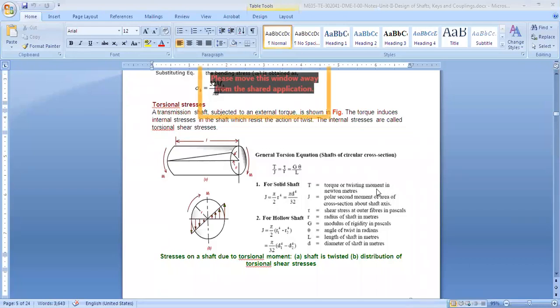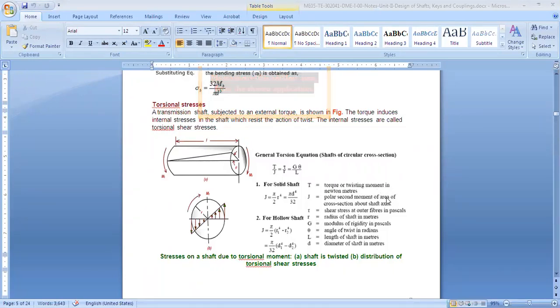We will see how to design for those. Take a look at this equation, the torsion equation: T upon J is equal to tau upon R is equal to G theta upon L. T is the torque. I am repeating this because we want to keep this equation ready in our mind.